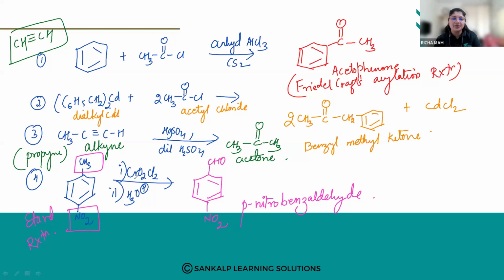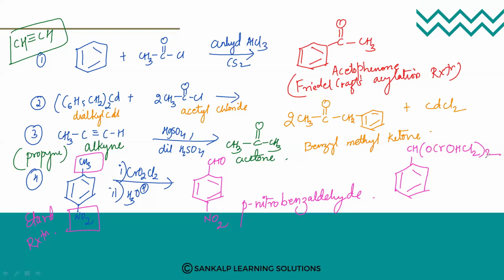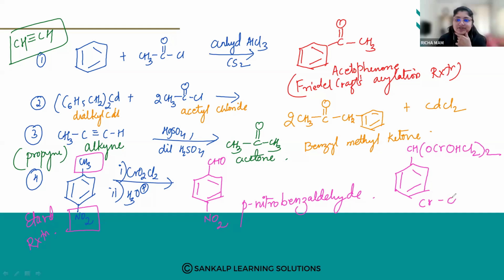We react it with chromyl chloride, and we get an intermediate product, which we have skipped here because we are interested only in the product. We get CH, O, Cr, O, H, Cl2, twice. This is our chromium complex, and it will not affect NO2. This is the intermediate product that is obtained.